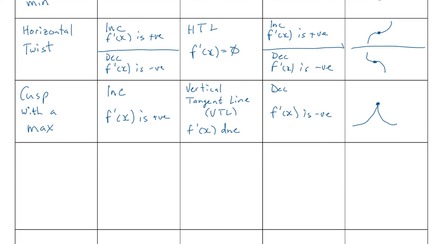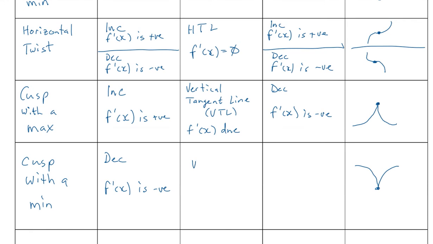Again, the next one I think is going to be fairly easy for you to figure out. So if you want to try it yourself, pause the video and go for it. And it's going to be a cusp with a minimum, right? So it is decreasing before, the derivative is negative.